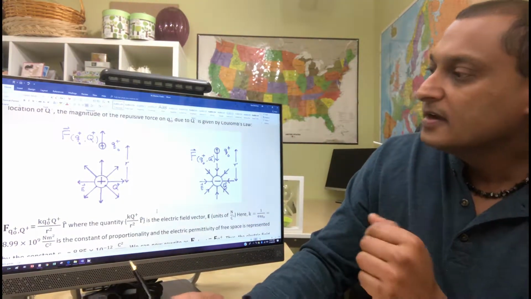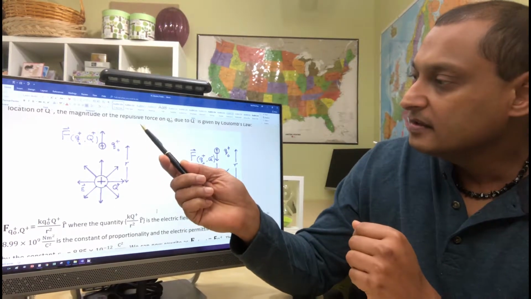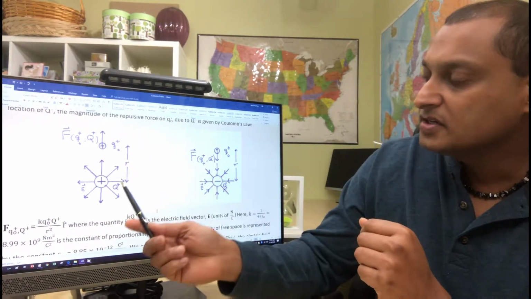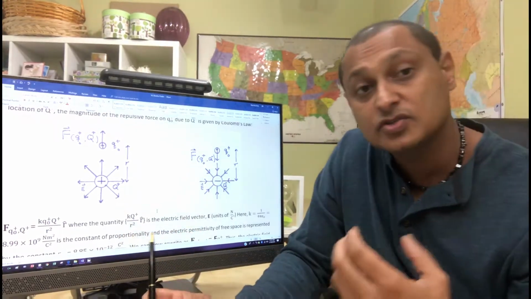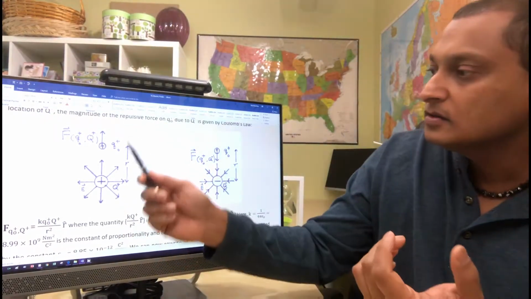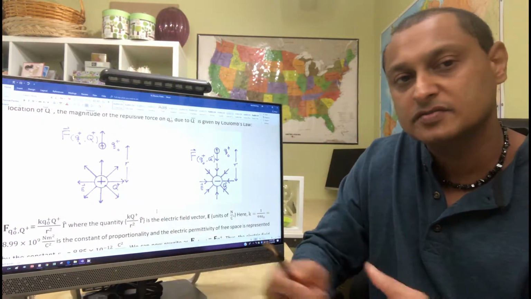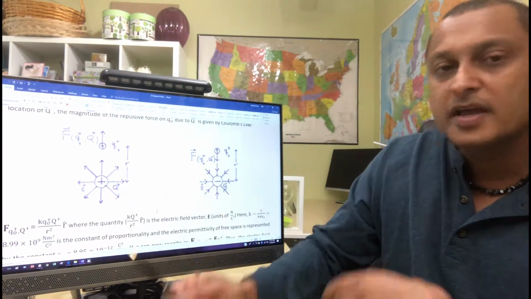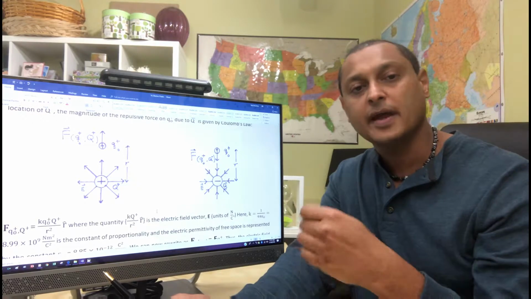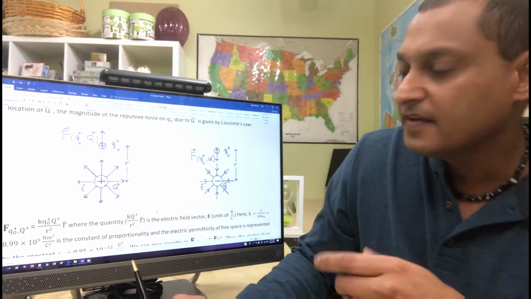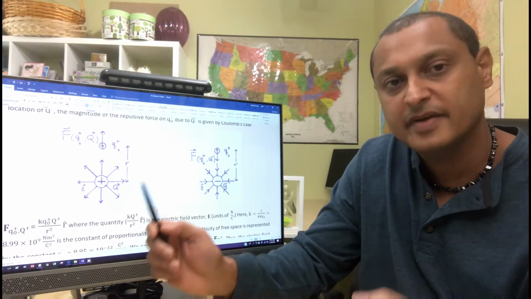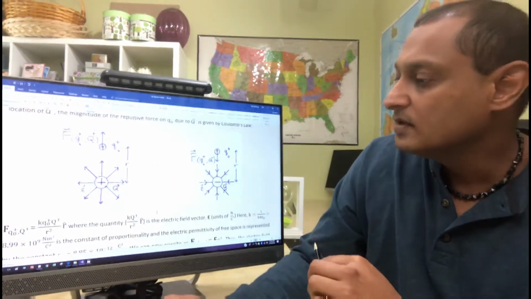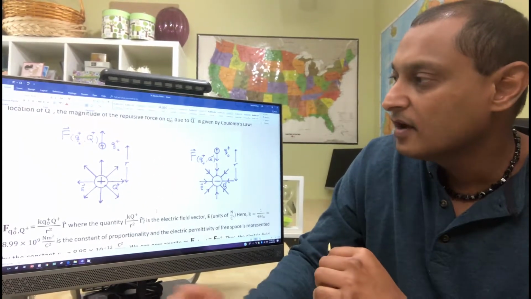That is to say, if the test charge is placed in a region of the electric field where it's a high density, it's going to experience a very strong force. So yes, the closer it is to the charge, the greater the force of attraction or repulsion. The further away, it falls off, and it actually falls off as a factor of 1 over r squared, where r is the separation from the center of mass to the center of mass of the two charges involved.